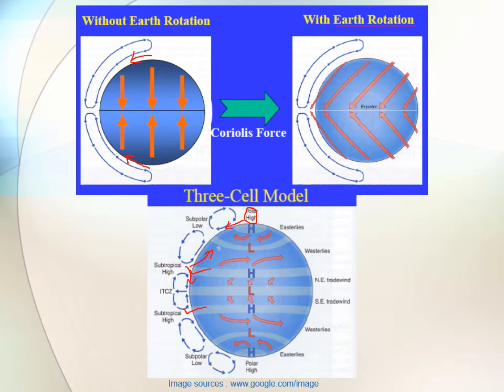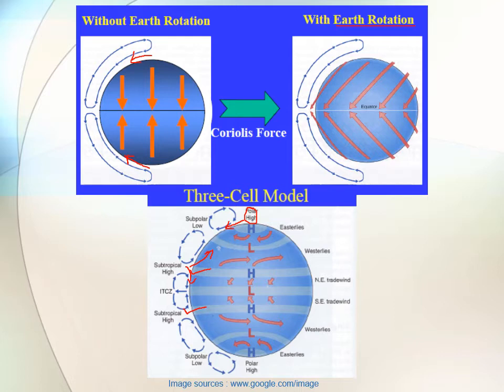Now, at about 60-degree latitude in both hemispheres, this polar wind and the wind coming from the subtropical high meet or collide with each other. Due to this collision, the wind now moves up.